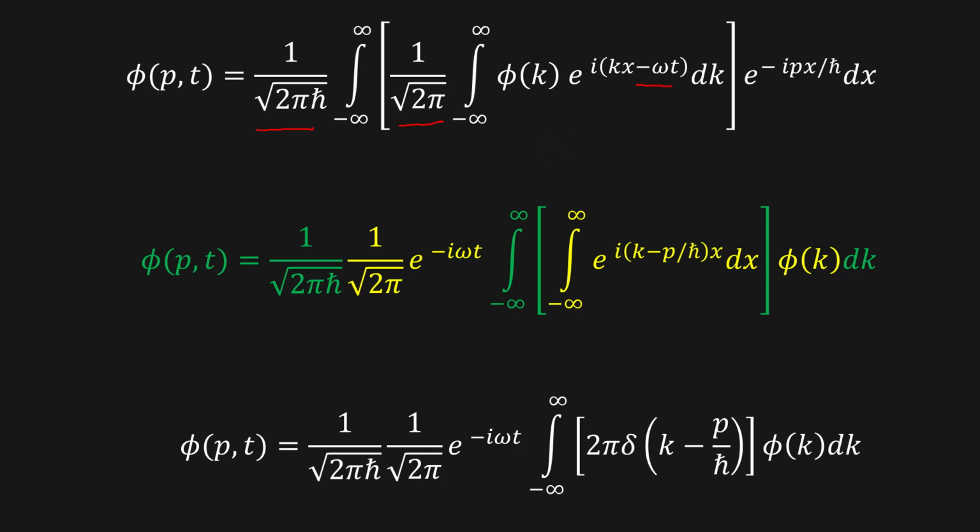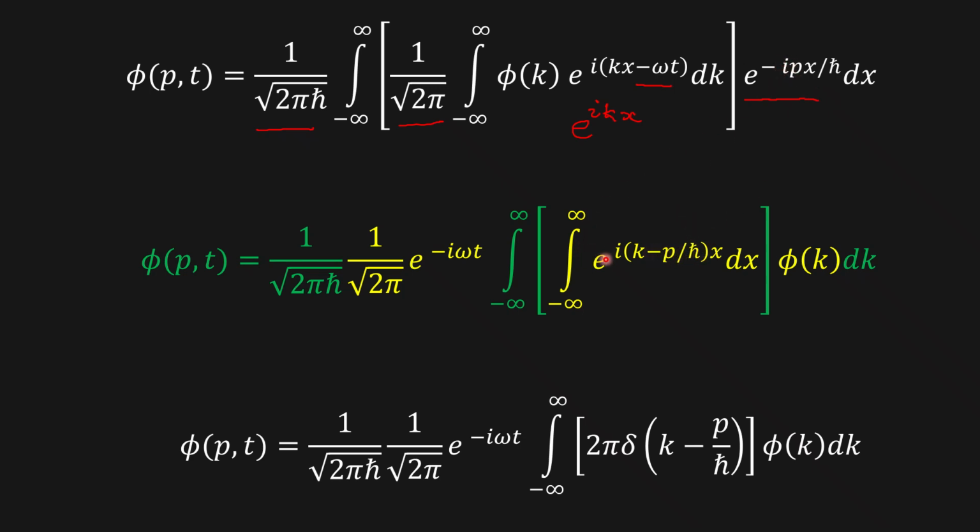This exponential term is e^{ikx}. I will spend a little bit of time here. This exponential term and the other both contain x. Here also x dependent, here also x dependent. You combine these exponential terms, of course ignoring the iωt, because we have taken e^{−iωt} outside. So you will get e^{ix(k − p/ħ)}.